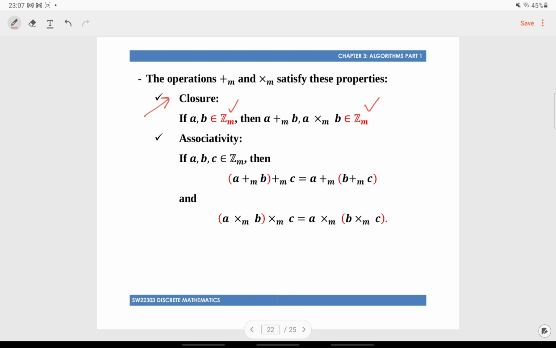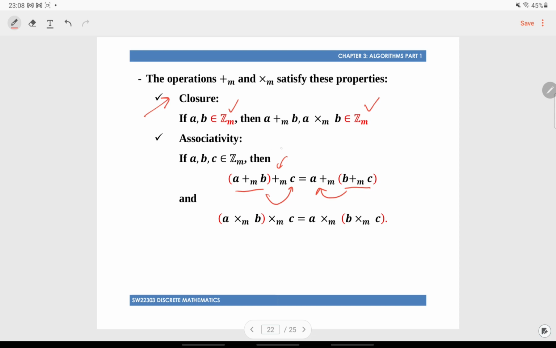Okay. Next is associativity. That means we play around with the parentheses. Let's say we have three integers modulo m: a, b, and c. If we do the operation inside the parentheses first, a plus b mod m, and then we add this value to c and do the modulo operation, the answer is still the same if we do the operation inside the other parentheses first and then add with a.